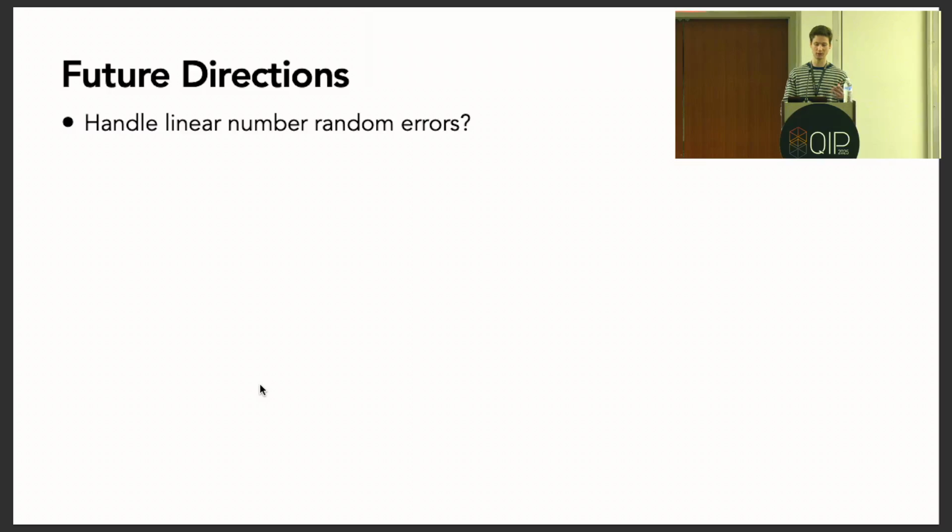Another way of saying that is we haven't given a decoder that would have a threshold against random IID noise. This type of random decoder often follows from an adversarial decoder using percolation arguments, but this is trickier in our setting because our decoder isn't local. It's more of a global algorithm, which I think makes this an even more interesting question.